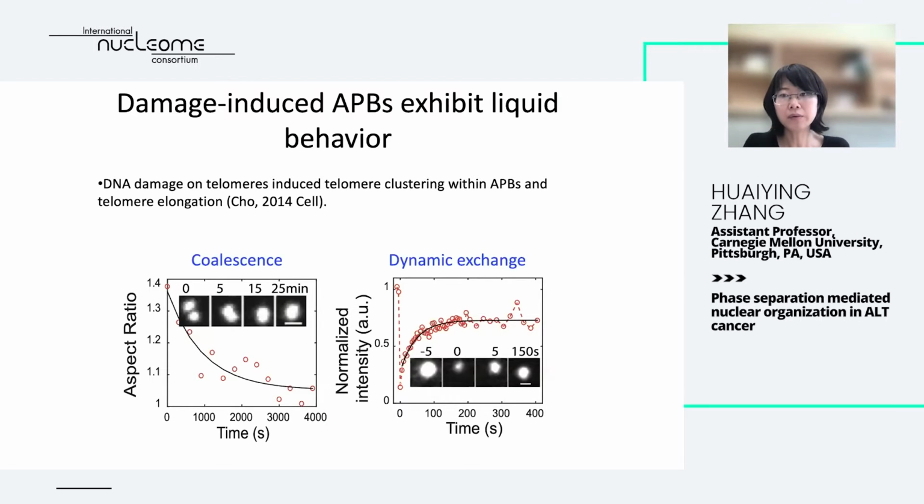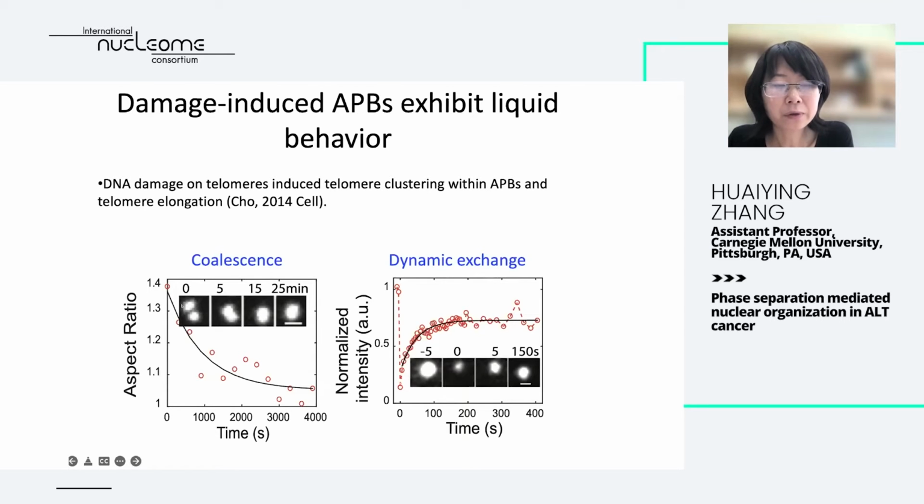So we have a collaborator, Roger Greenberg at Penn, who developed an assay where, when they introduce DNA damage to telomeres, they can induce telomere clustering, formation of APBs, clustering within APBs and other ALT phenotypes. When we look at the movies, I found that the event of telomere clustering in this movie really resembles droplet coalescence.